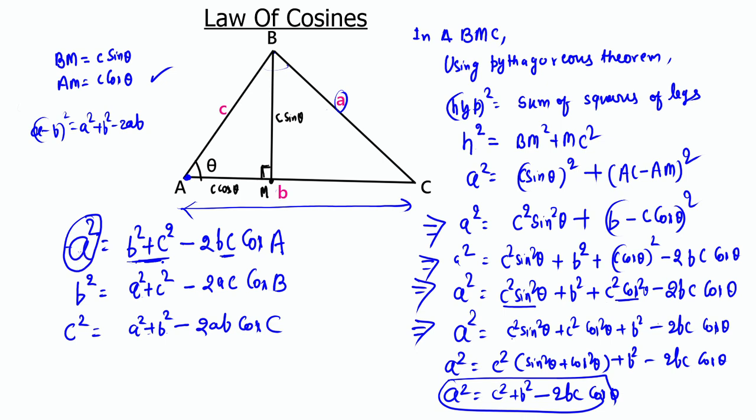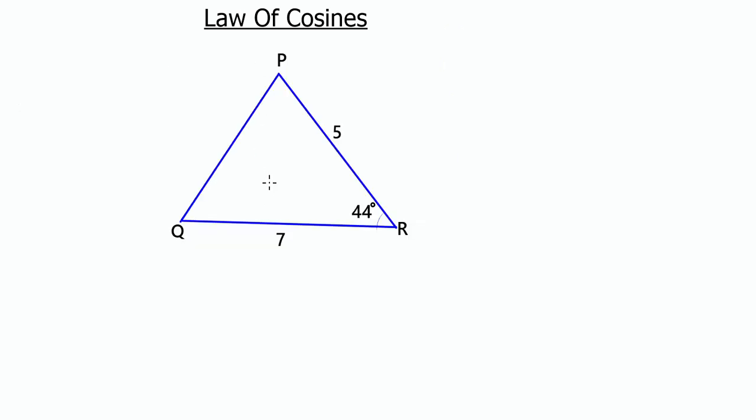So let's understand this cosine rule in a simple triangle where this ABC nomenclature is not given. Let's see this example here. We have the side lengths PR and QR, but we don't know the side length of PQ.